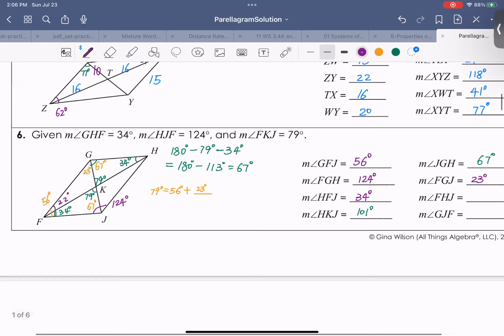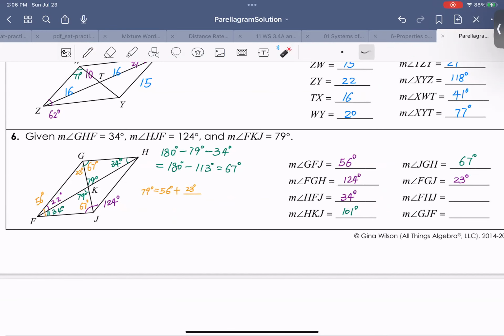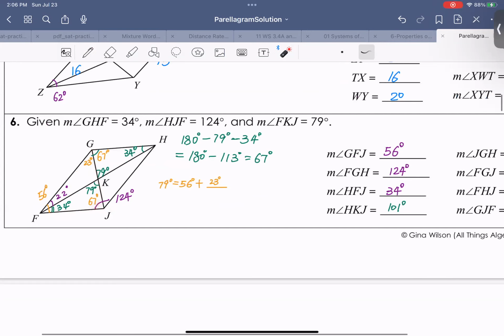Next one, FHJ. This angle is alternate interior for this one. So this is 22, correct? GJF is right here. We have this alternate with this, yes? So the 23 is here.